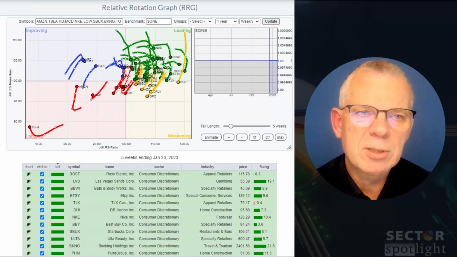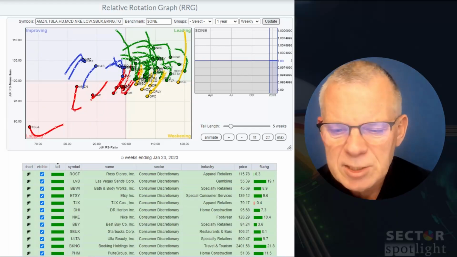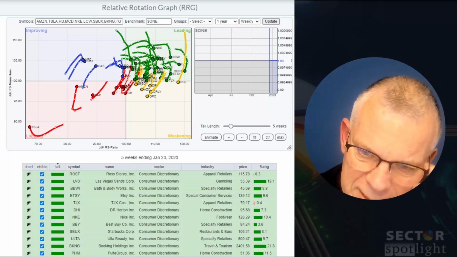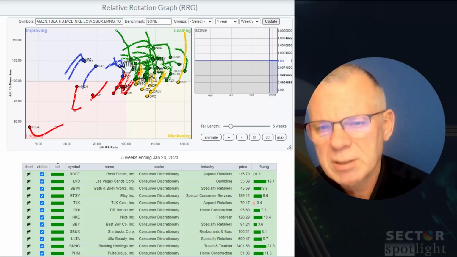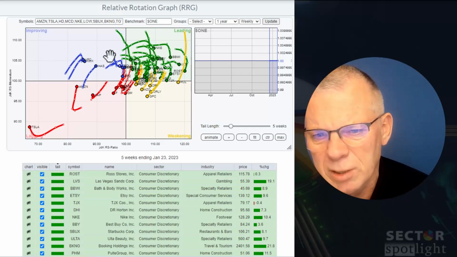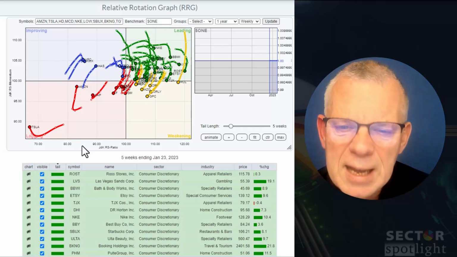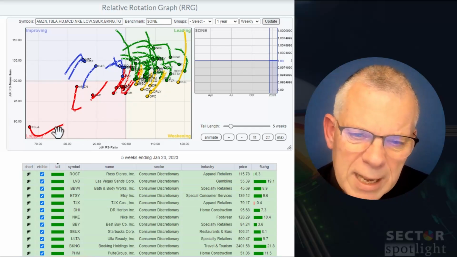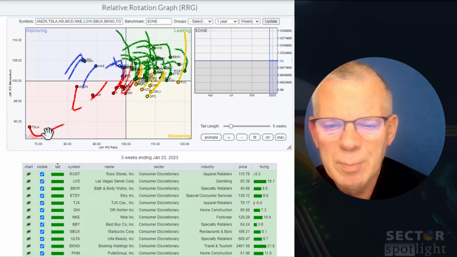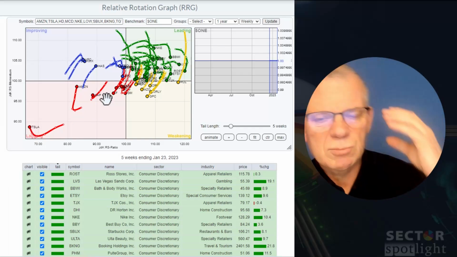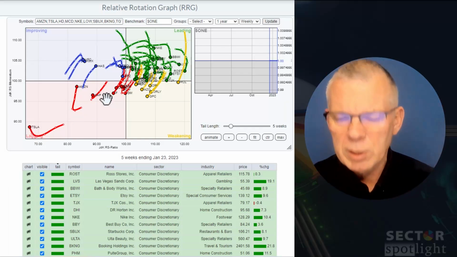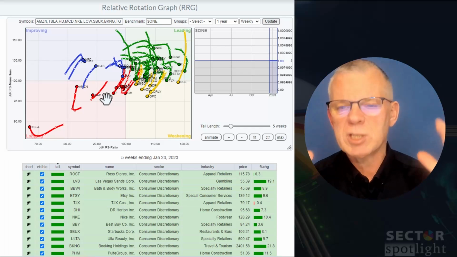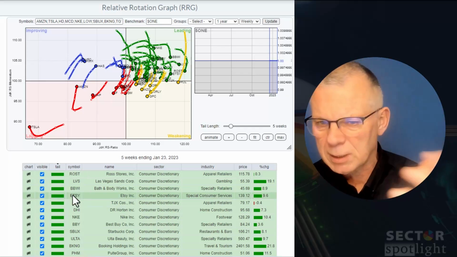Now, if we go to the second one here, consumer discretionary, that's a bit of a different story. You can see that all these are rolling over and starting to move at a negative heading. We've got Amazon and Tesla finally picking up a little bit, but just look at this chart. What is the first thing that comes to mind?